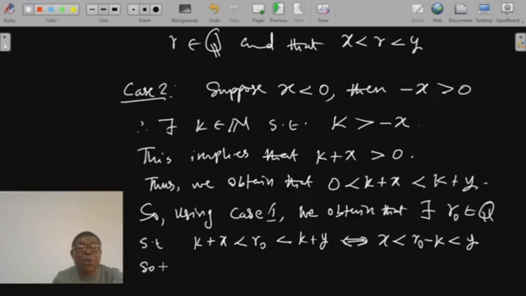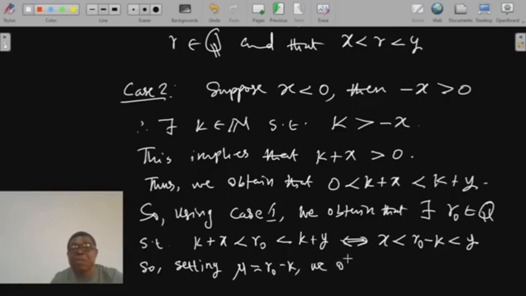So, setting, let me use another variable, set mu to be R naught minus k.